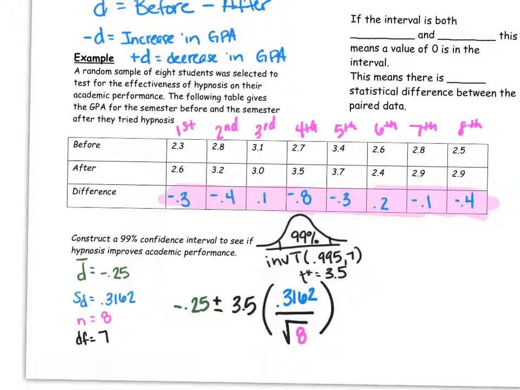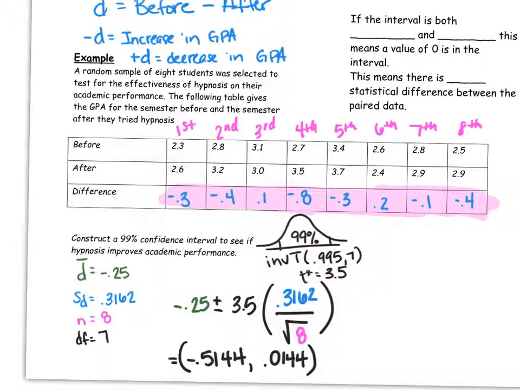And now we know from our calculator that that's equal to what? The lower bound of this is going to be from negative 0.5144. The upper bound is from 0.14. I lie. Rewriting that, that's 0.0144. That's the upper bound.